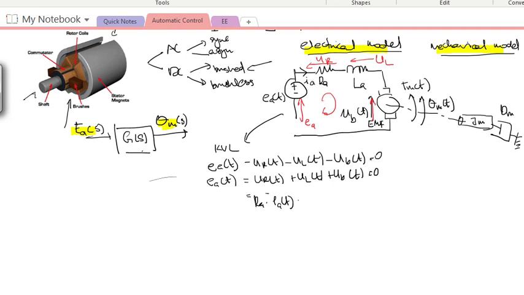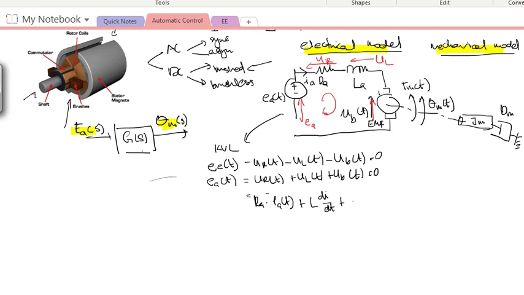If you remember inductances, the voltage across an inductance equals the value of the inductance L times dI over dt. Plus UB. And what does UBT equal? This is something that you have to remember.